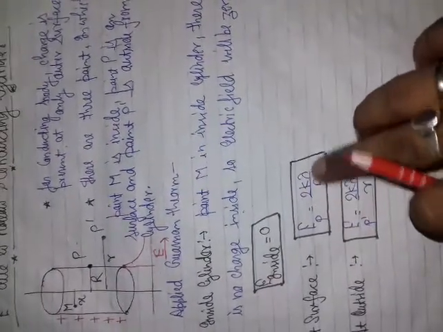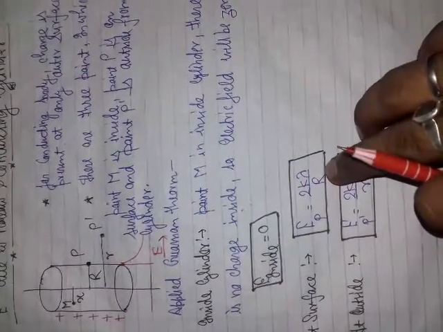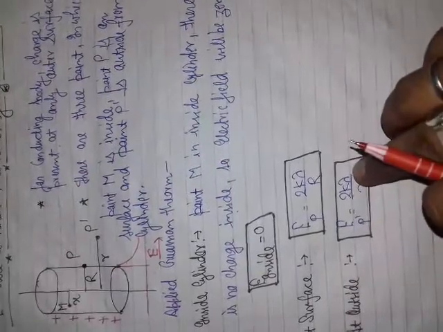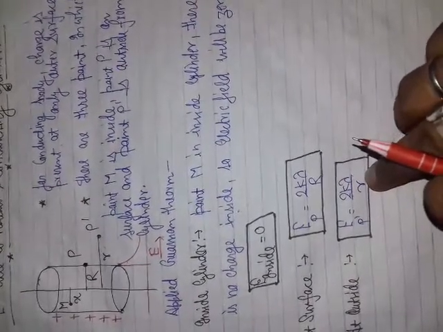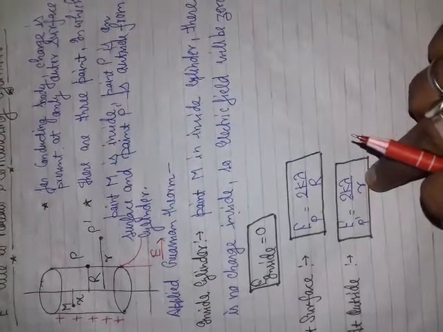At the surface, the electric field is 2kλ by capital R, where capital R is the radius of the cylinder, and outside it is 2kλ by small r, where small r is the distance from the cylinder.